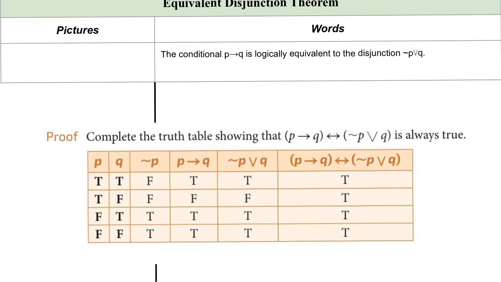Then we look at the not P or Q. And then we can look at the biconditional if and only if. We're going to investigate this quite a bit more tomorrow in class. So just take a moment, look through this table, try to see what's happening with each column, and then bring questions tomorrow if you have them.